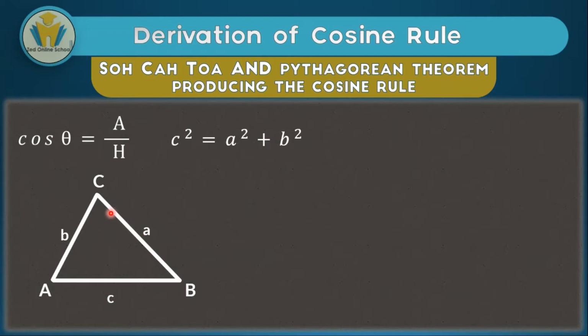Now, we're going to create an altitude from any of these vertices. For explanation purposes, I think this altitude will be easiest to understand. It might also be referred to as the perpendicular distance from AB that has been drawn to meet C, or the shortest distance from C to AB. We're going to show it by this small symbol here, which means right angled.